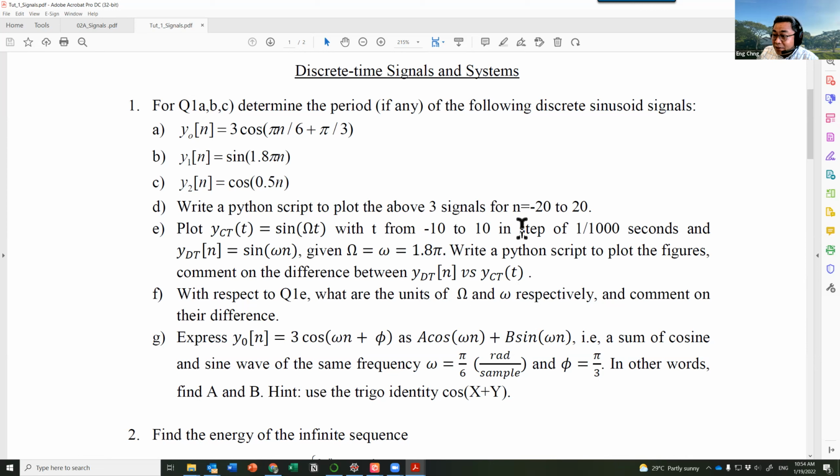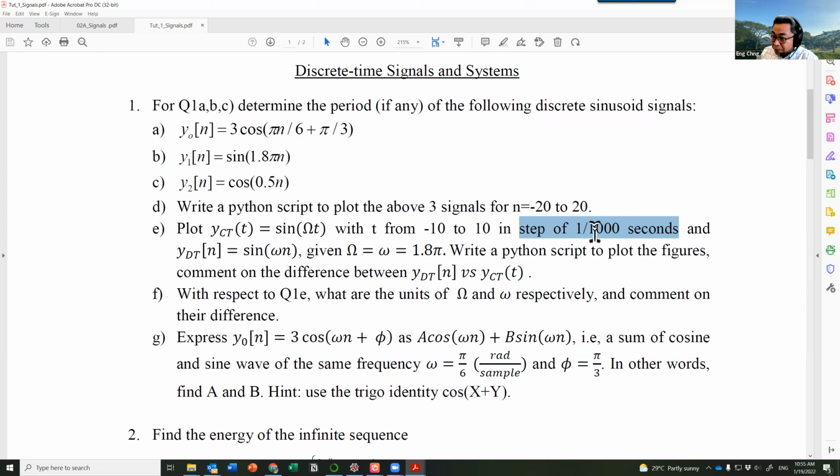So the best we can do is plot from -10 to 10 seconds in steps of 1/1000. Everything that you do in a computer program, you'll never be able to draw for infinite time at infinite precision. What you can only do is plot it at discrete time anyway.